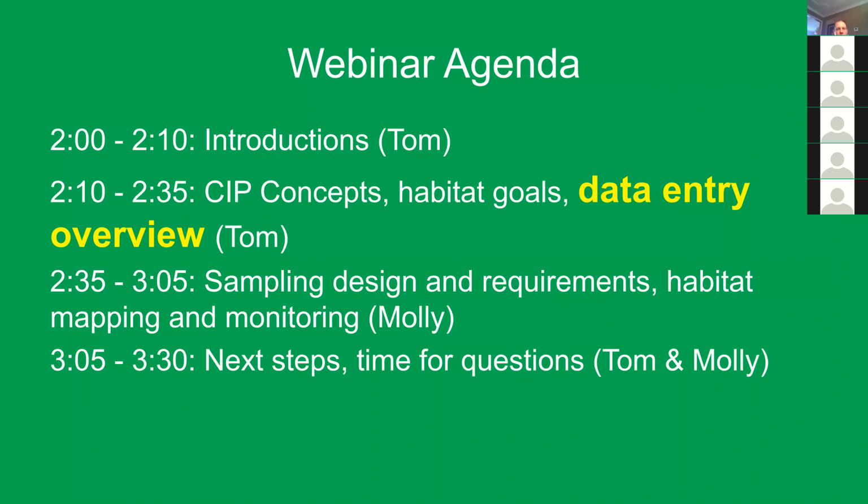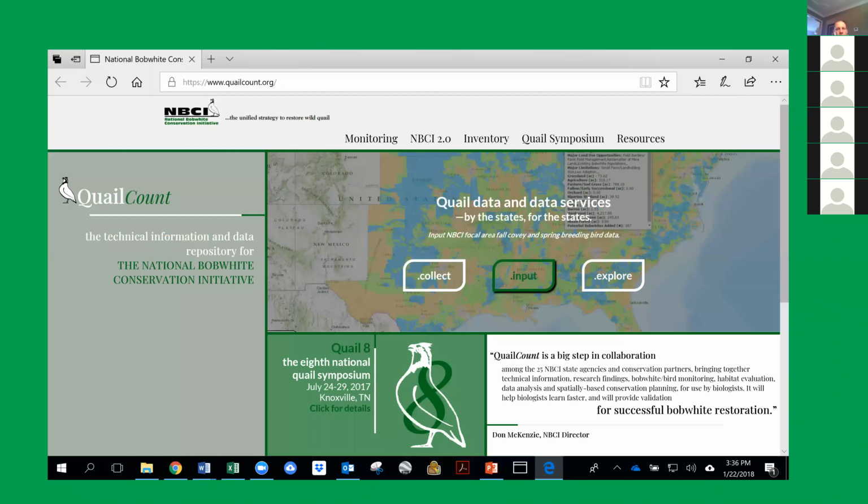Finally, the data entry overview, real quickly. If you look on quailcount.org, there's a little tab in the center, input. There are other ways to get there through the NBCI inventory or through the monitoring breeding bird and fall quail count tabs, but input takes you directly there.